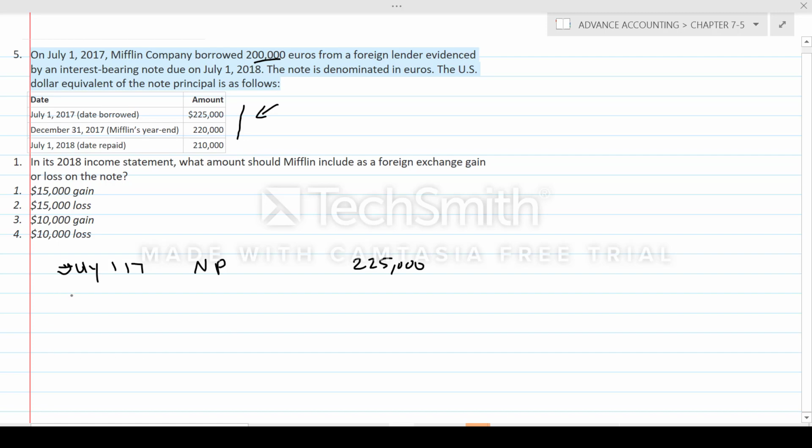On December 31st of 17, the note payable value dropped to $220,000. So for that year, the foreign exchange gain was $5,000.